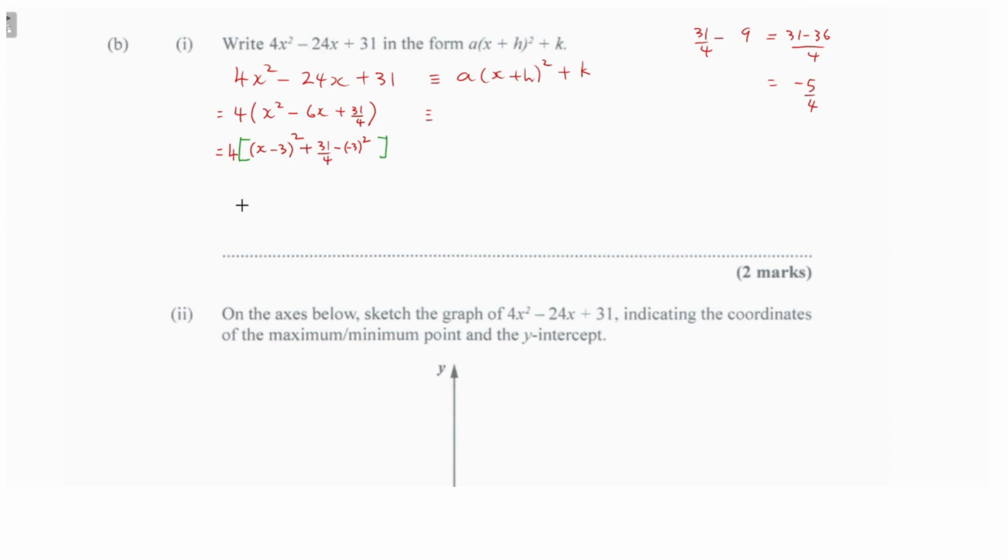So the next step now is to simply use this 4 to distribute back throughout the expression. So what we're going to have is 4 into x minus 3 all squared plus this value, but I'm going to distribute back this 4 throughout. So I'm going to have 4 times minus 5 over 4.